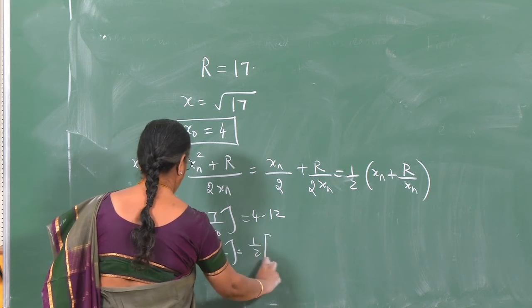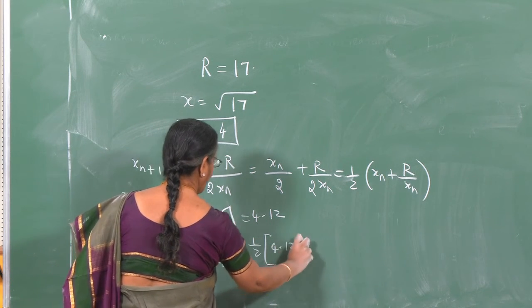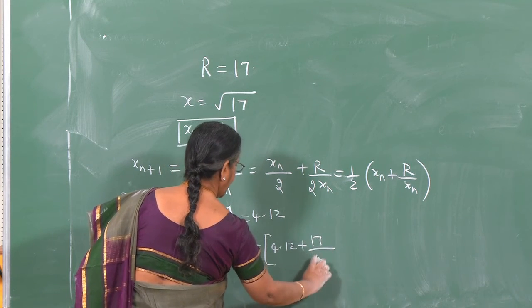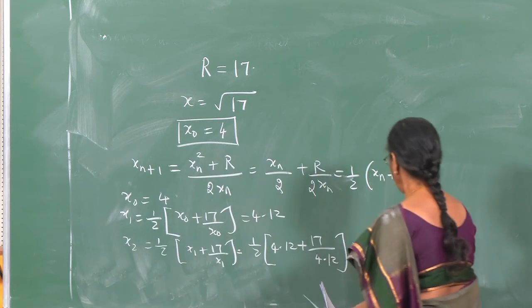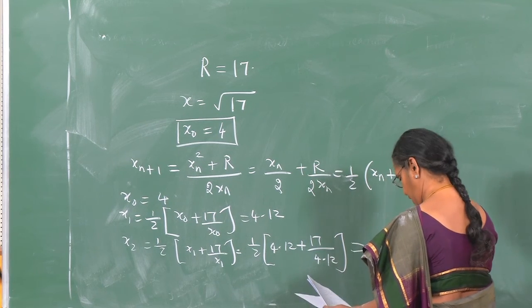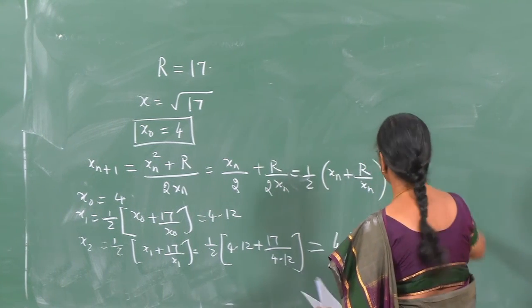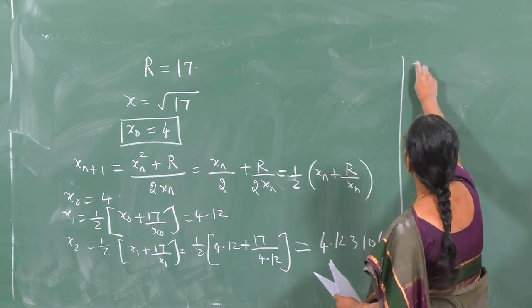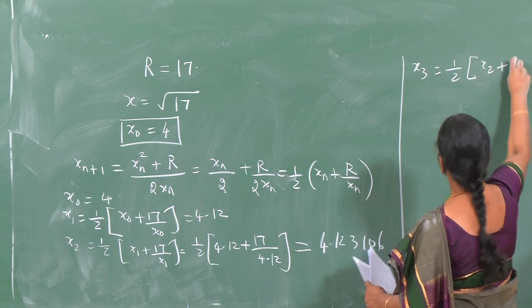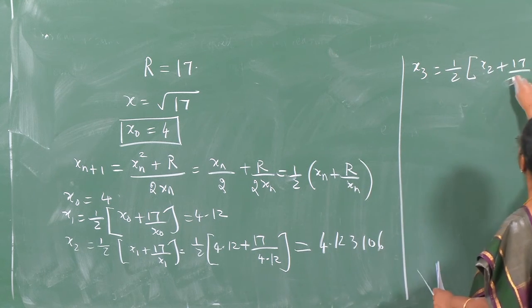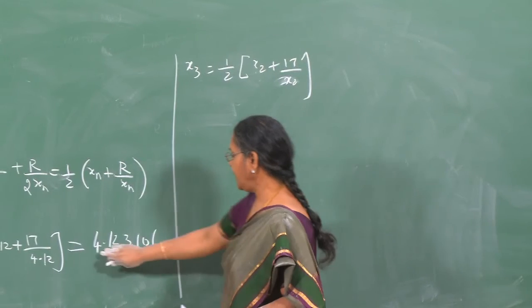So, it is half of (4.12 plus 17 by 4.12), and that gives me 4.123106.